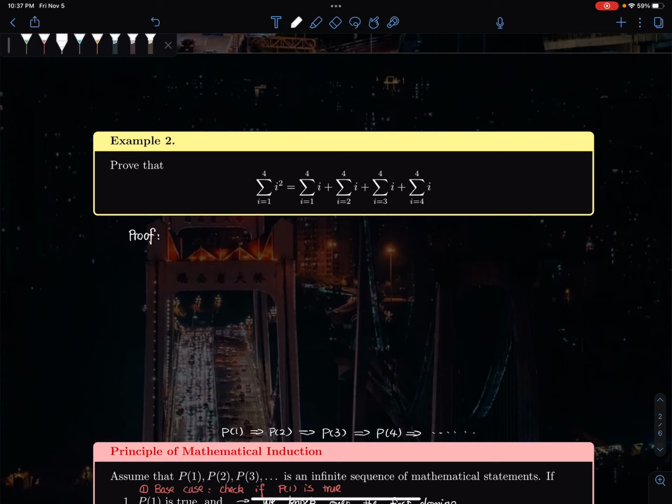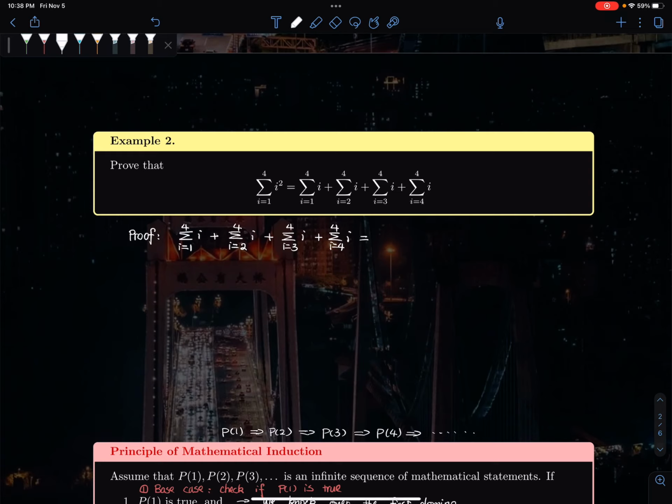So proof, let's start from the right hand side. So sum from i equals 1 to 4 of i plus sum from i equals 2 to 4 of i plus sum from i equals 3 to 4 of i plus sum from i equals 4 to 4 of i, and this equals what?